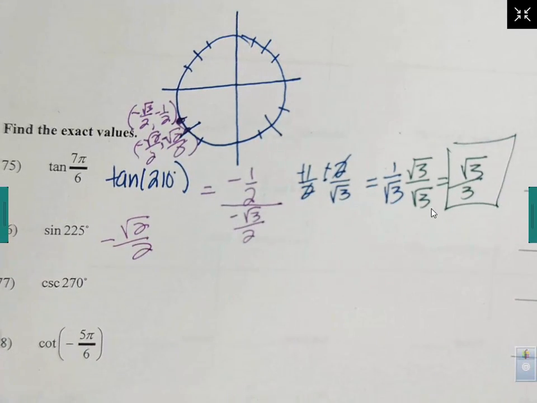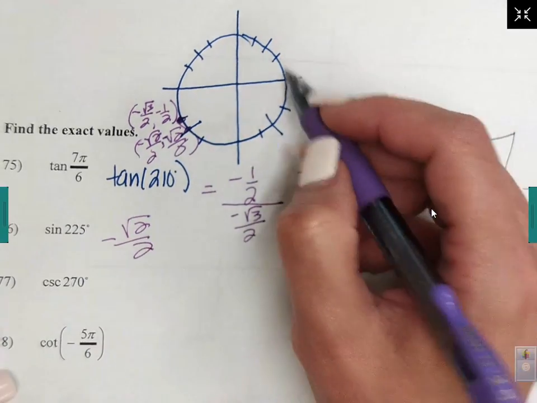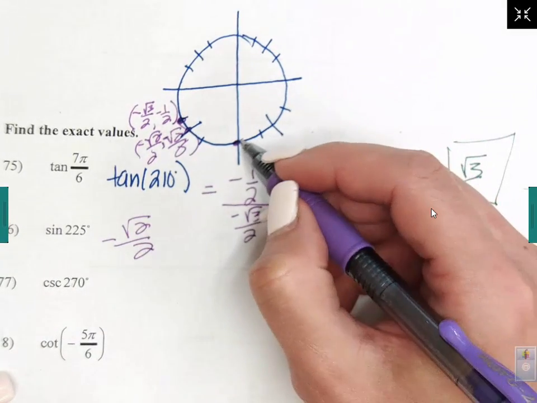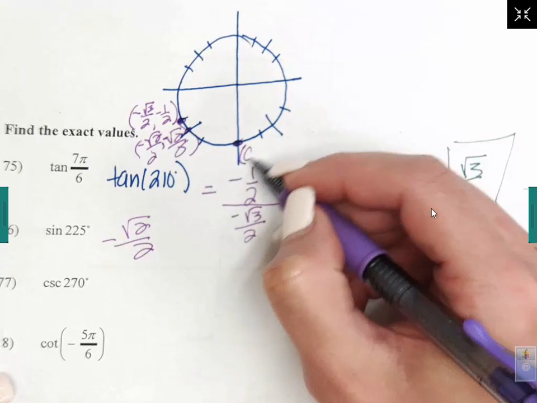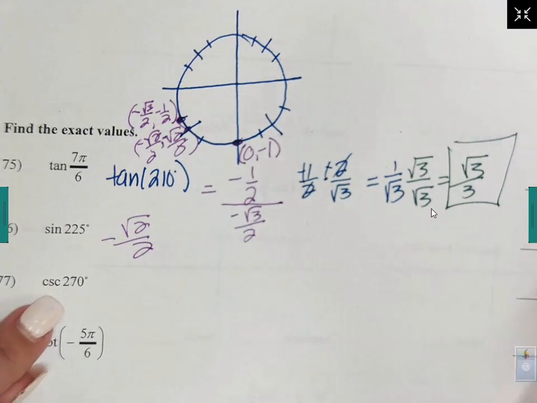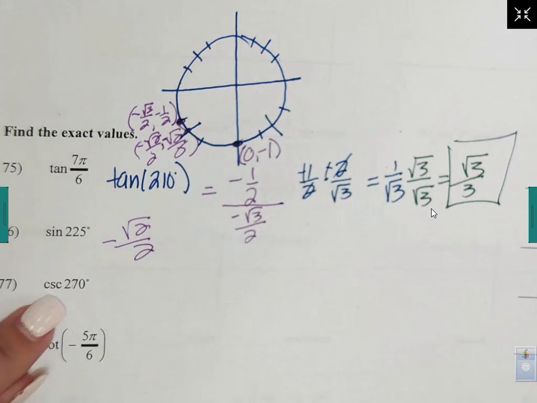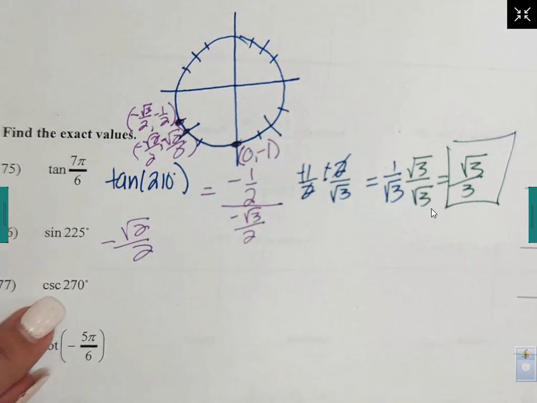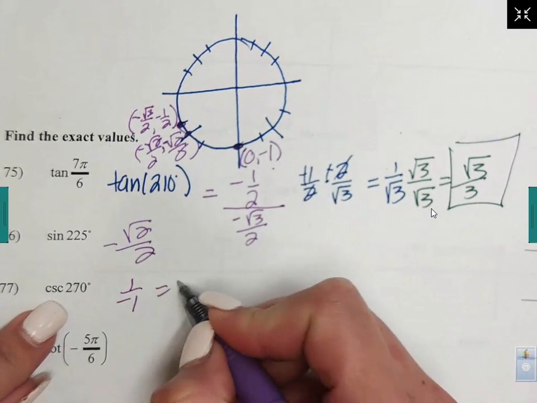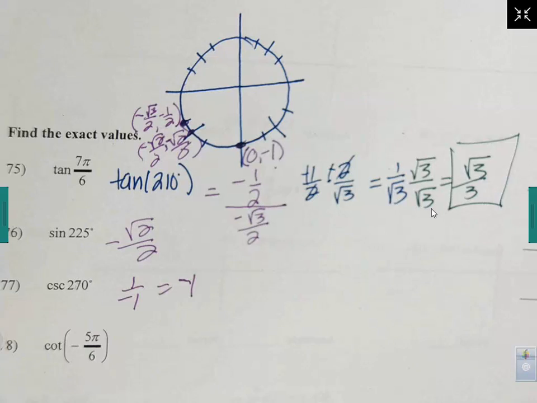All right, 270: we go 90, 180, 270. What are the coordinates here? 0, negative 1, correct. And the cosecant is 1 over the sine. Remember, s goes with c and c goes with s, so it's 1 over the sine. That's 1 over negative 1, which is negative 1. Any questions here?